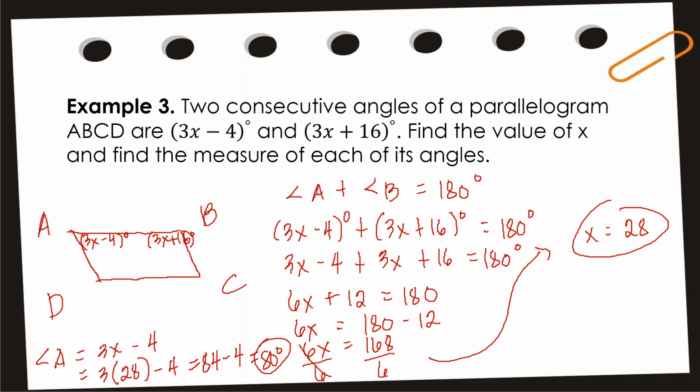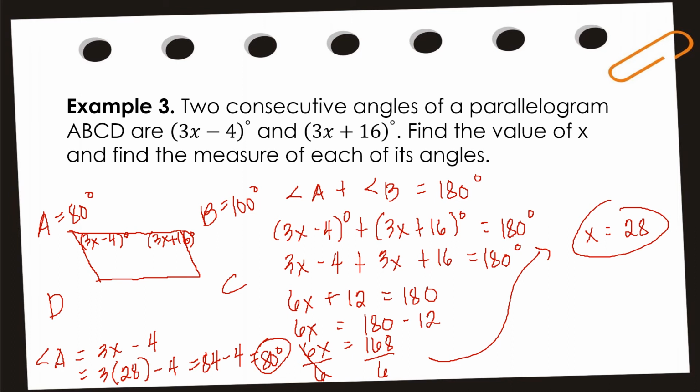Therefore, the measure of angle A is 80 degrees. So if angle A and angle B are supplementary and angle A is equal to 80 degrees, we can say that angle B measures 100 degrees. So their sum is 180 degrees.